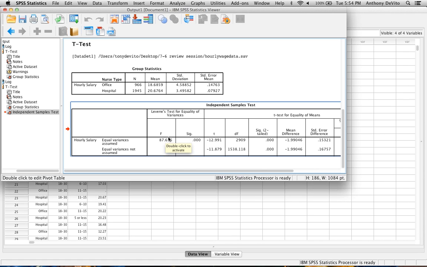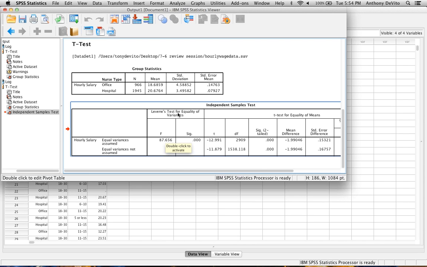So if F is big enough that the probability of being wrong, if you reject the null hypothesis about the equality of the variances, is less than 5%, and in this case, the probability of being wrong, the p-value or significance, is less than 1/10 of 1%. So this is less than 0.05 or less than 5% chance of being wrong. So we would reject the null hypothesis for the equality of the variances.